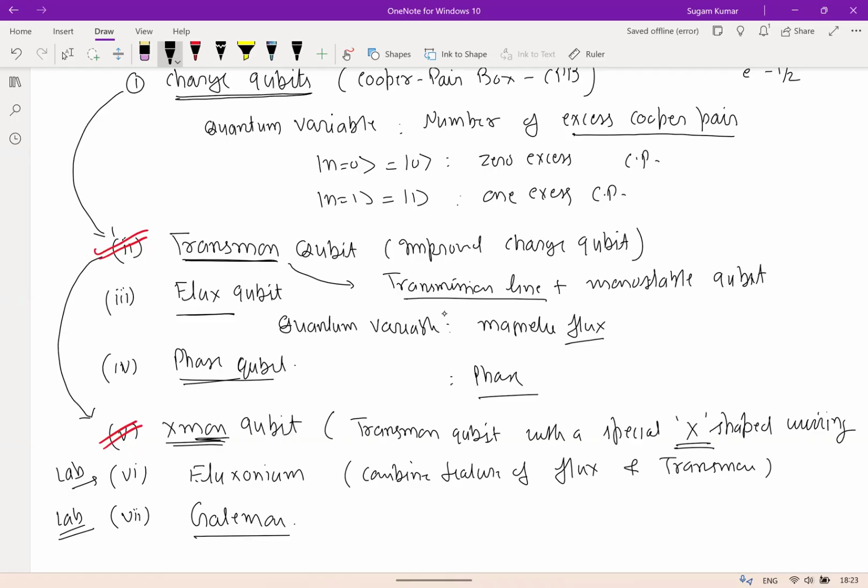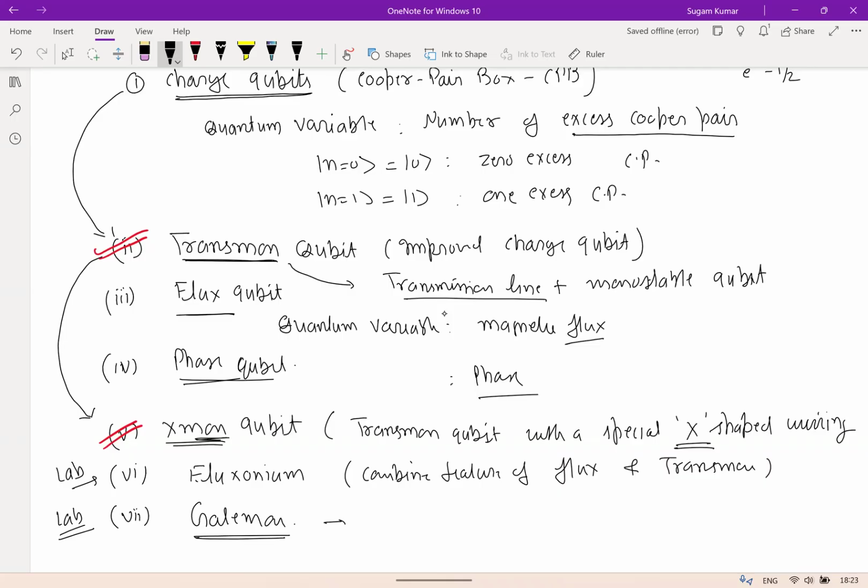The last one, the gatemon. This is again a transmon type of qubit, but here generally people use some semiconductor switch.